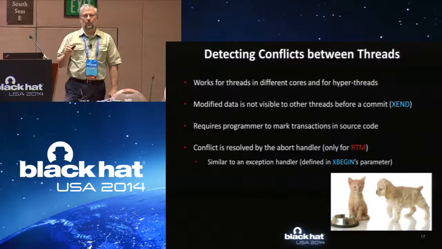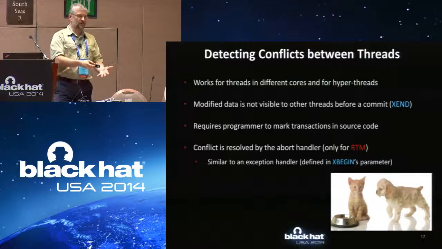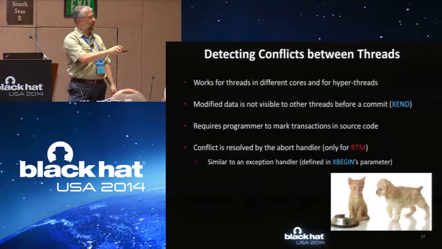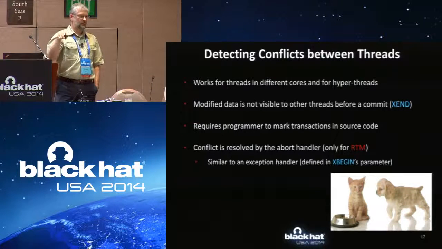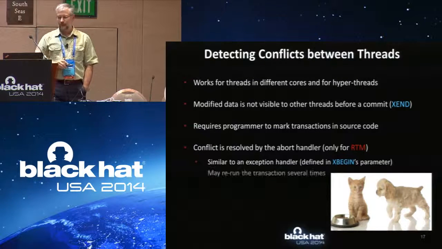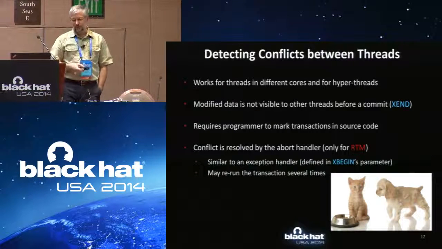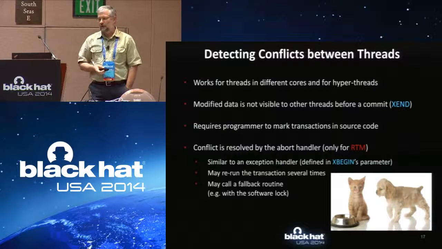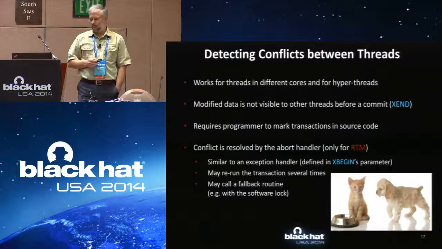And the method to resolve that conflict is by specifying the abort routine, the offset in the XBEGIN parameter, which gives you the place of the code, which looks at the results of the conflict, and it can resolve the transaction conflict. The programmer may rerun that transaction several times, and in the end, if nothing else works, software locks will.